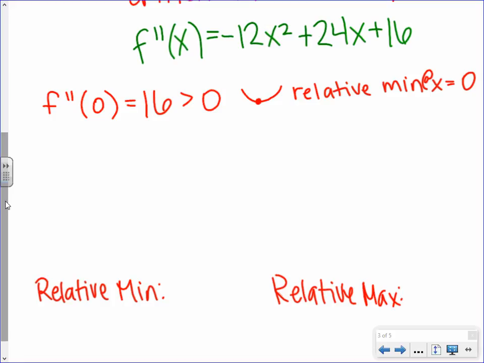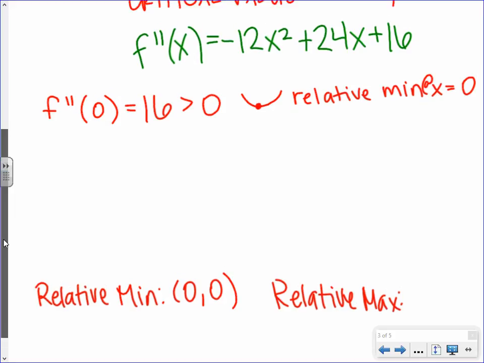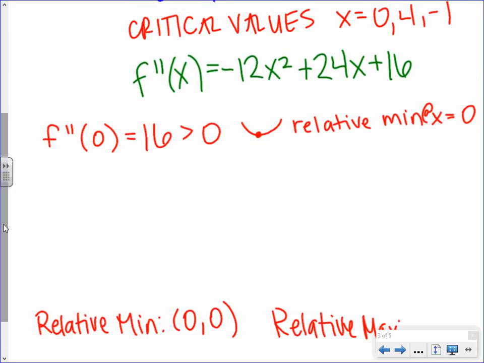By plugging in x is 0 into our original function, that minimum is at the coordinate 0, 0. Let's move on to our second critical value, 4.